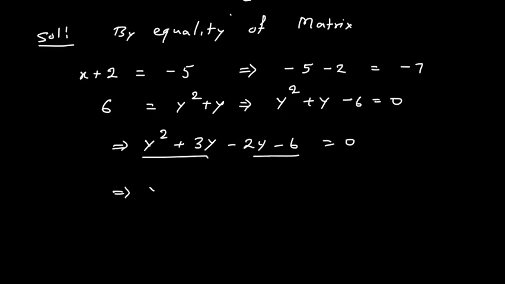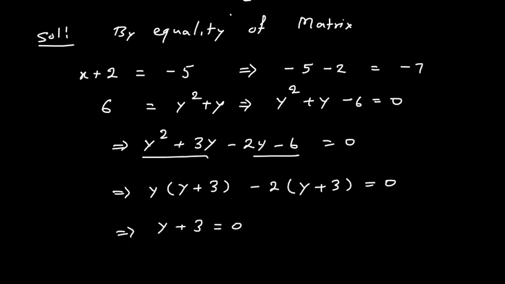So from here we take y common, so it is y plus 3, and here I take minus 2 common, so it is y plus 3. This implies that y plus 3 into y minus 2 is equal to 0.